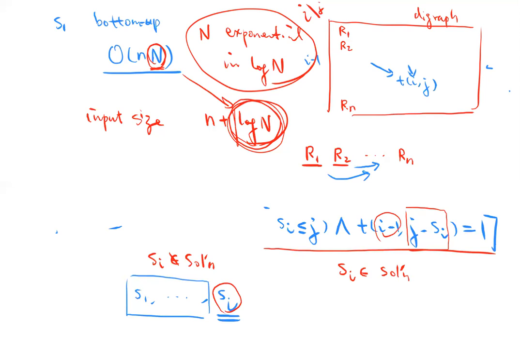But in practice, we usually use bottom-up fashion for efficiency, because top-down fashion has overheads from recursive calls. All right, I think time is up, and I will stop. We'll continue on Thursday. Any questions?